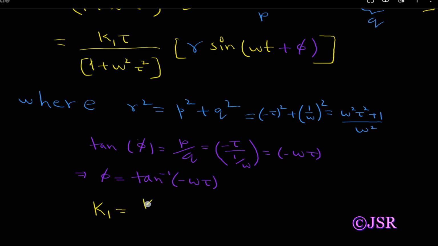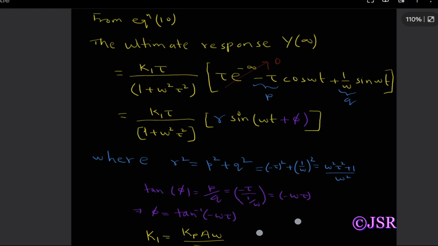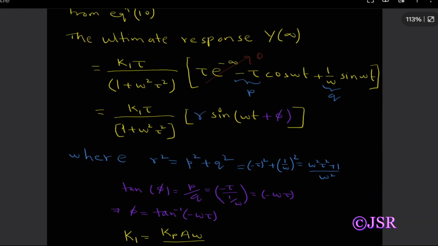And this given, so this given is k1, which is Kp A omega upon tau, right?